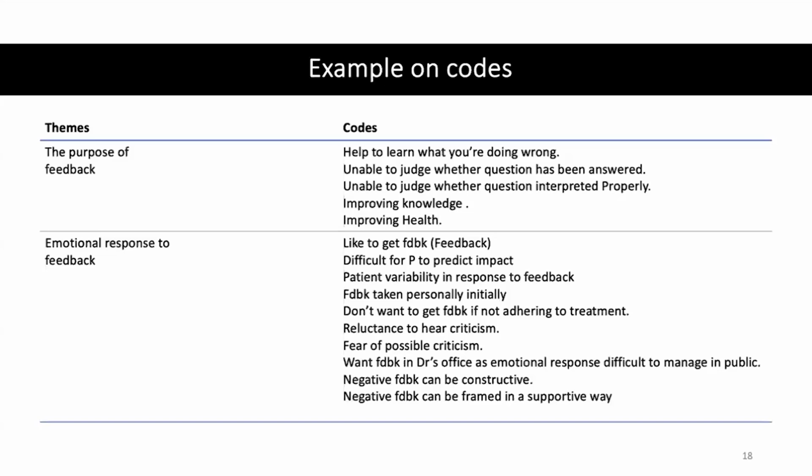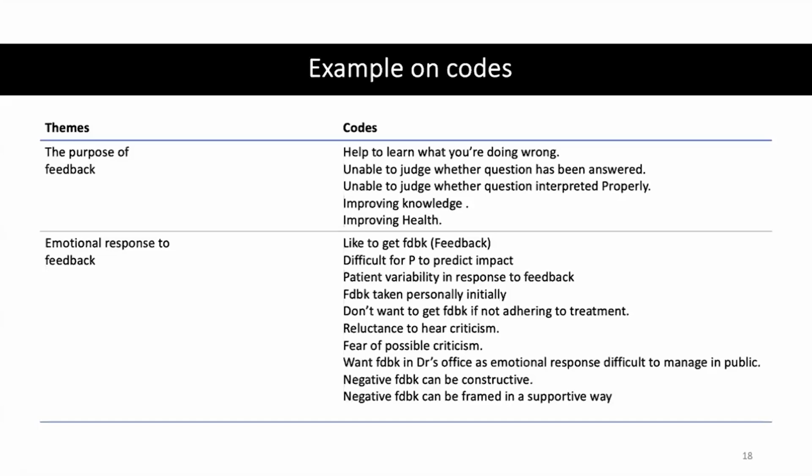So, for example, your codes could be: help to learn what you're doing, unable to judge whether questions have been answered, unable to judge whether questions interrupted properly, improving knowledge or improving health. And then on emotional response, you can have codes such as like to get feedback, difficult for patients to predict impact, patient variability in response to feedback, feedback taken personally initially, and so many other codes.